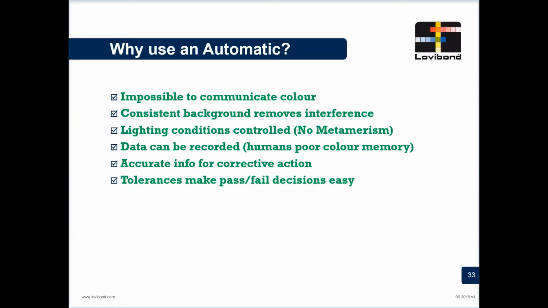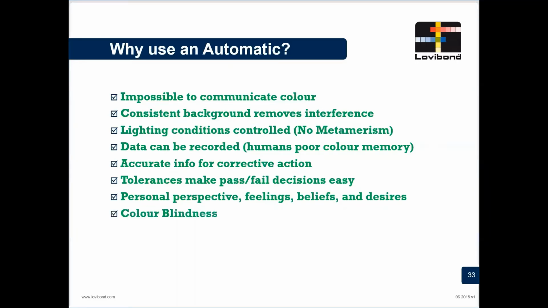But some of the advantages of an automatic instrument: I take out the observer, so I take out personal perspective, I take out color blindness, I take out eye fatigue, I take out physical tiredness. The machine never gets tired as long as I keep the machine clean and operating within the instructions.